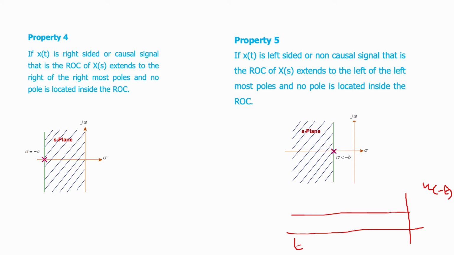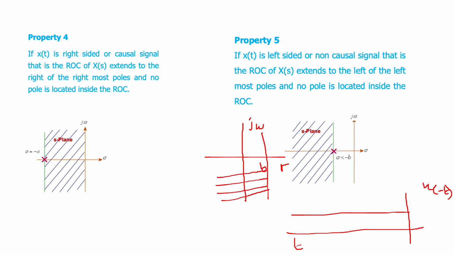If you have a signal like this, the ROC is present only on the left side, depending upon the sigma value. Sigma is minus b or plus b. I have given this for minus b like this. If it is plus b, you will get the plot like this. This is sigma, this is j omega. Now if you take sigma as plus b, what will happen? The region of convergence is this portion, the left side.